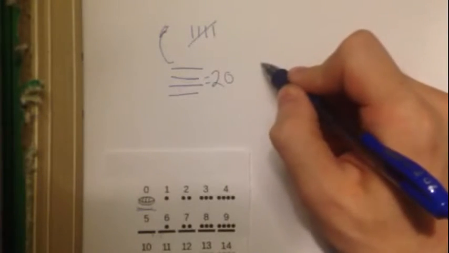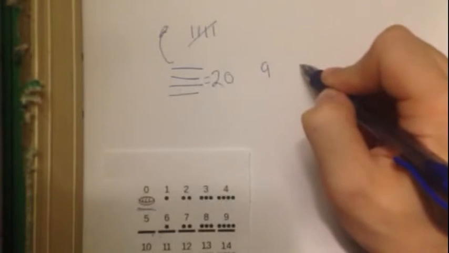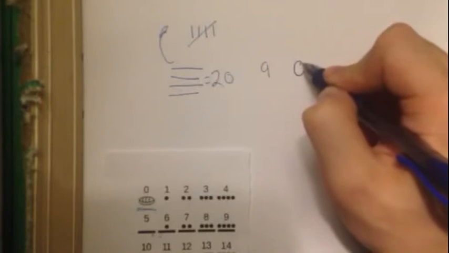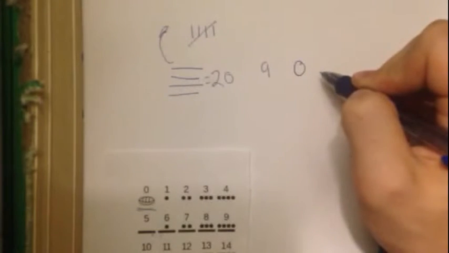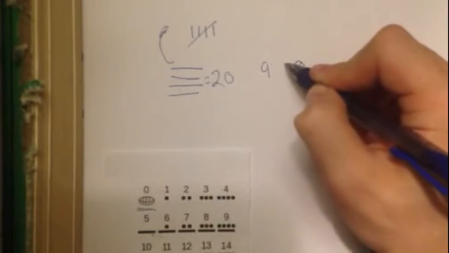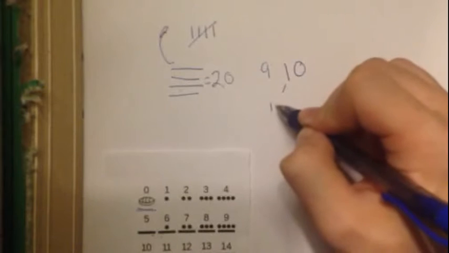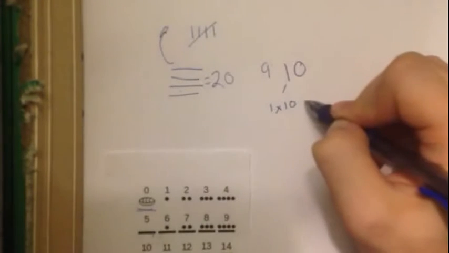So in Hindu-Arabic, when you get in base 10, when we're at 9, and then we count to 10, we move the 0 into the ones place to hold the place of nothing being in the ones place, and we put the 1 in the tens place to show that that is 1 times 10.